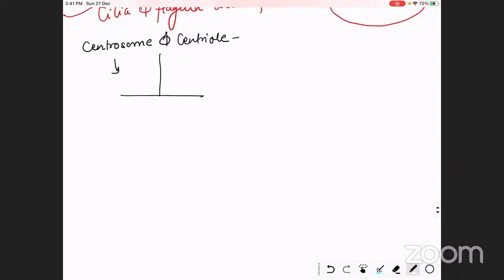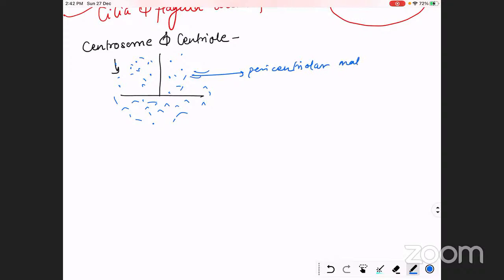So here we have the pericentriolar material, and they are the two centrioles arranged perpendicular to each other, surrounded by the pericentriolar material, and they are the centrioles.